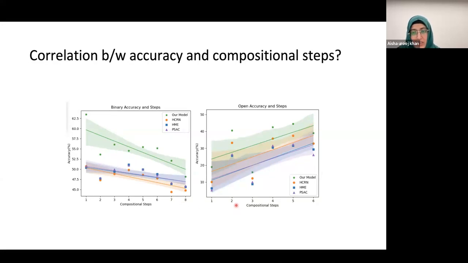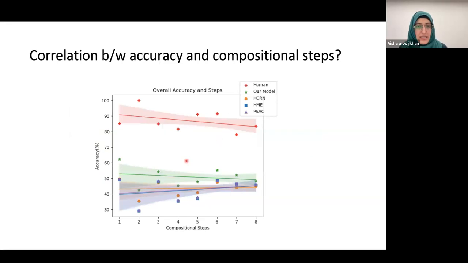For the open-ended questions, if the question is asked in fewer compositional steps, then the models struggle more compared to when you are giving more conditions in the question. My takeaway from it was that when we are asking an open-ended question and we are clarifying it more, giving more and more reasoning cues in the question, then it becomes slightly easier for the models to predict the answer.